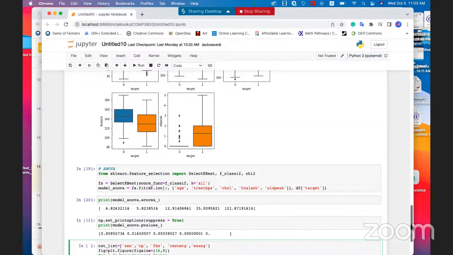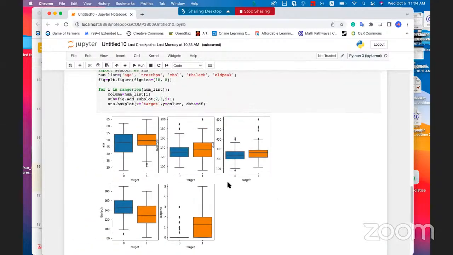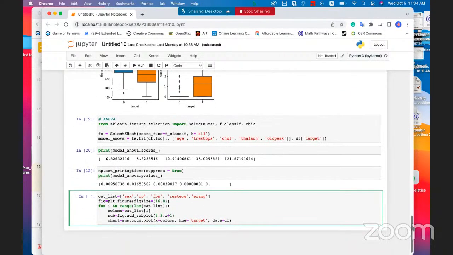This one, yes, it's almost close to 0.05, but still it's smaller. So the difference between the two groups is significant. This variable, if the number is larger than 0.05, you should consider removing this numerical variable.